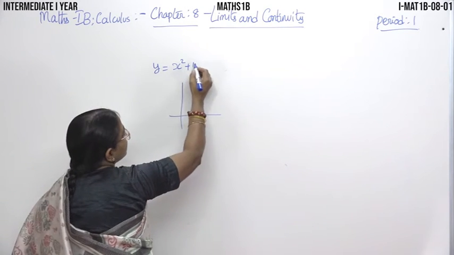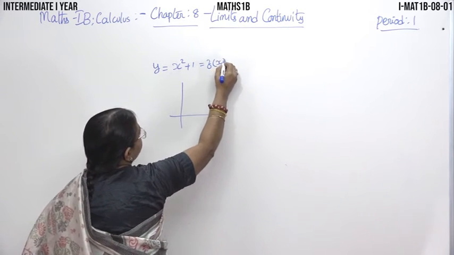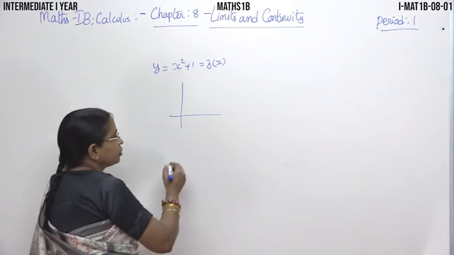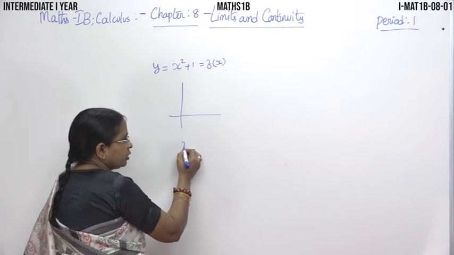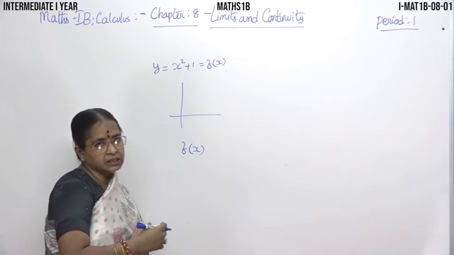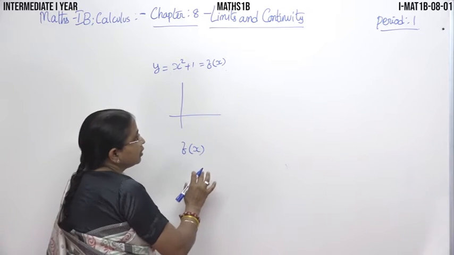So instead of y, we take f of x. Then f of x is equal to x square plus 1 is a function. You will learn more about these functions in the functions chapter. At present we need these terms, so we are just having the gist of it.